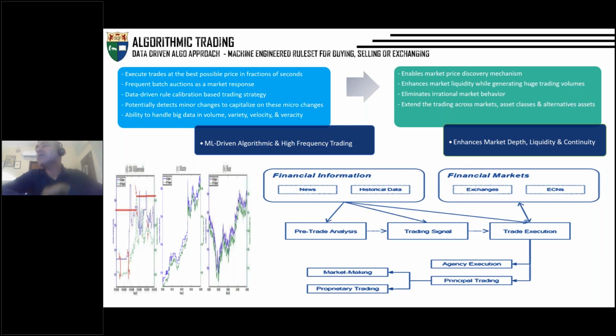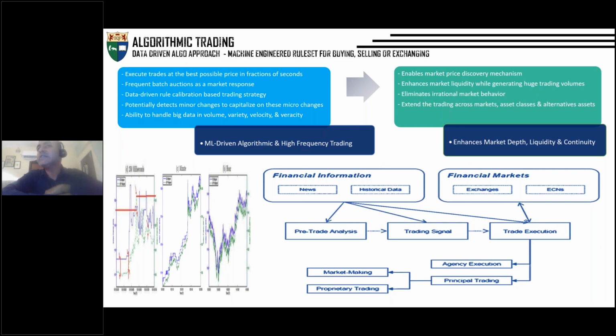So what does this mean for the market? The market will get a new price discovery mechanism, which is very much required in today's market. The market is coming up with new structured products, new structured deals, new kinds of securitization, new forms of derivatives, new asset classes, alternative asset classes like green bonds, or carbon trading, or maybe cryptocurrency.